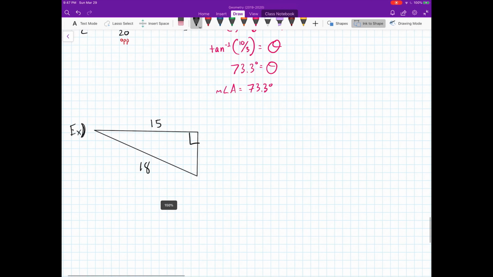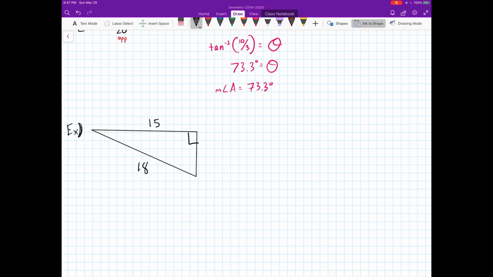And let's call this X, Y, and Z. So for this one, let's say they want us to find the measure of angle X. Once again, I'll put a theta by my X, and I'll ask, what did they give me in regards to theta?